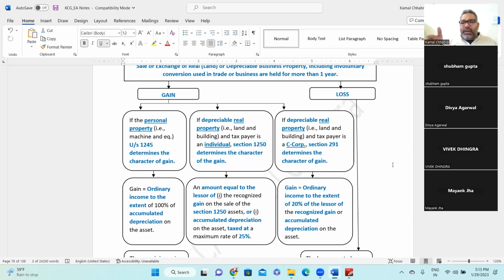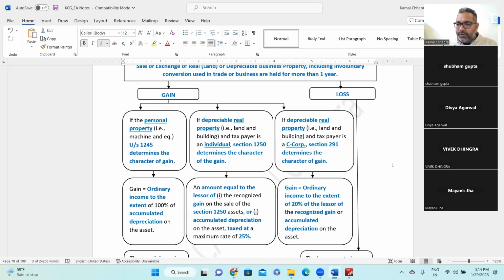But the fundamental remains the same: to the extent you have taken depreciation, till that amount you need to pay ordinary taxes. Over and above, you can go with the capital gain tax. The crux of the story is the same, but it is bifurcated under section 1245 and 1250 for personal property and real property. Make sense?